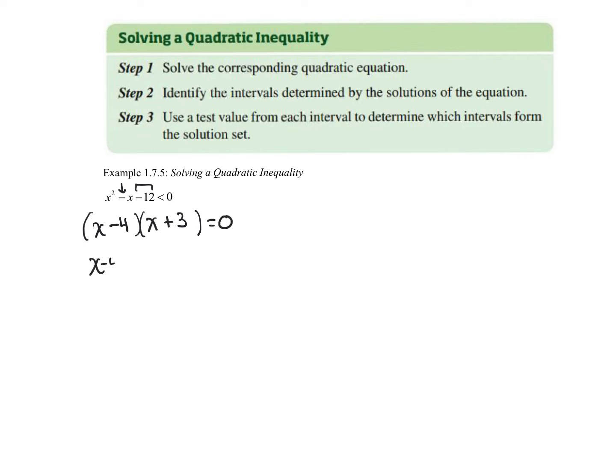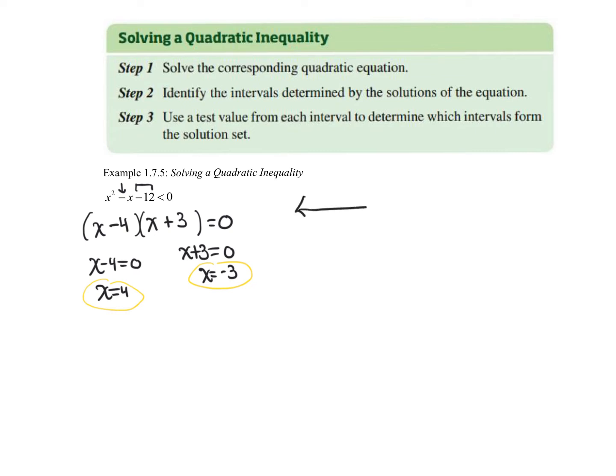Once you factor, you set each piece equal to 0. So x minus 4 equals 0, x plus 3 equals 0, x equals 4, x equals negative 3. So that's the normal basic thing we do. These things are my zeros. They're my key points that I need to put on my number line.